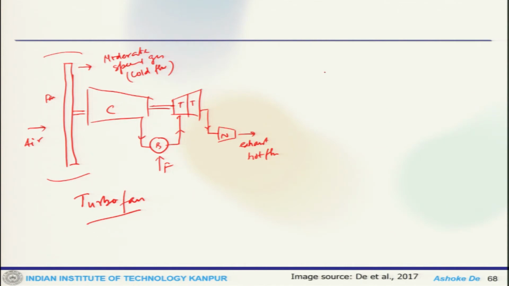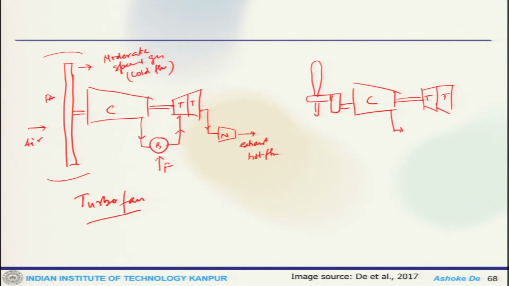and at the same time the turboprop will look slightly different. There is a gear which is connected to the compressor, shaft connected to the turbine, and in between you have the gas generator which has fuel and burner.